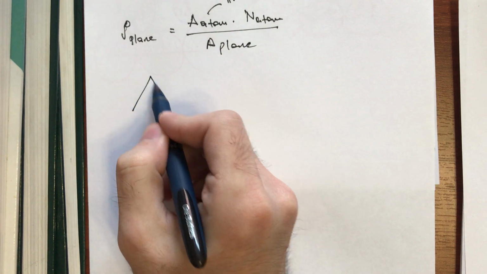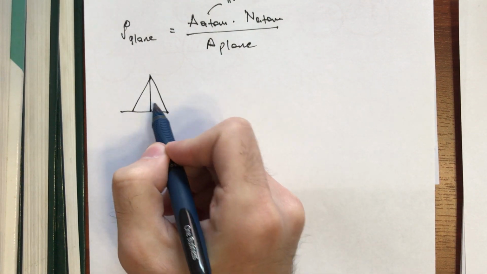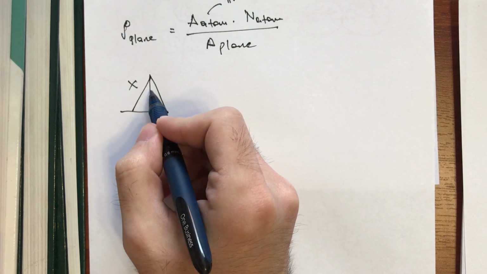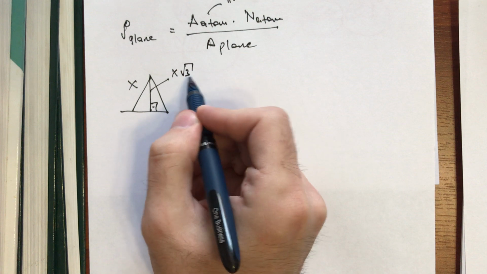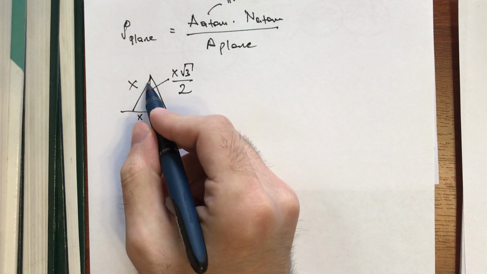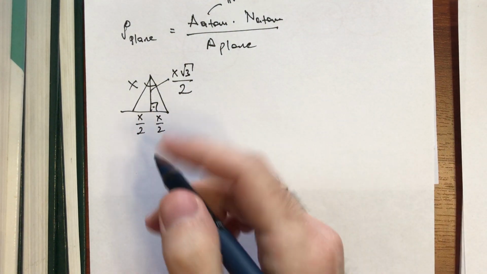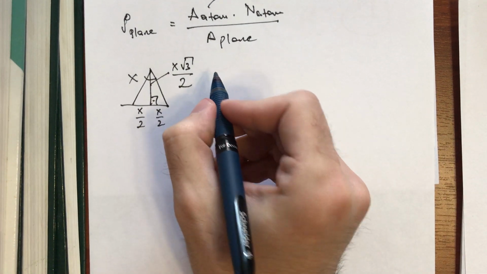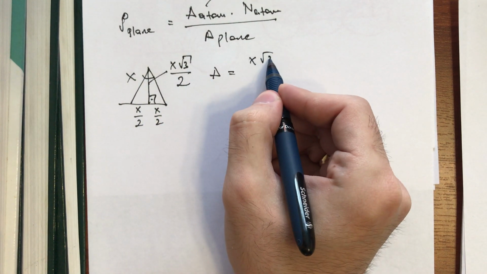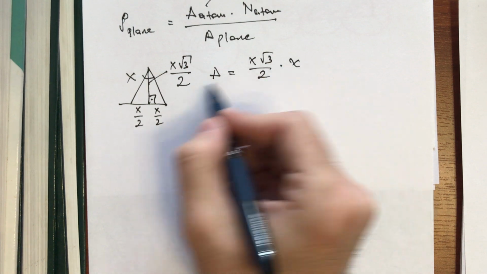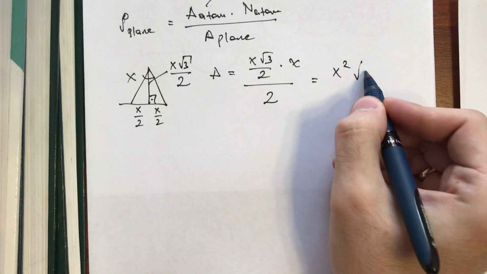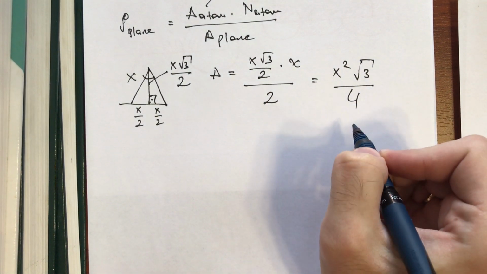If you draw an equilateral triangle with side length x, then its height is going to be x square root 3 divided by 2, and this is going to be divided into equal parts. That's the geometric property. You can prove it by trigonometry as well. Then the area is going to be height times the base divided by 2, and that's going to give you x squared square root 3 divided by 4.